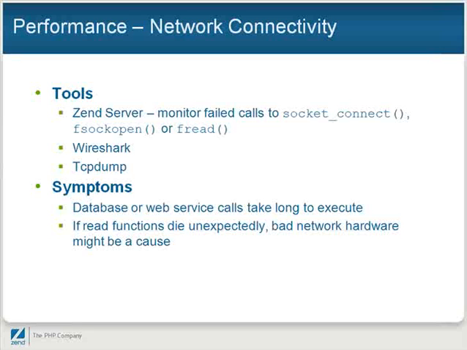So you either do an fopen using the stream handler, could be to a website like an HTTP website, or you could do an SSH using the SSH stream. If you have some kind of a read function that dies unexpectedly, that can be an indication of that type of issue, and you can get that again by watching the monitoring for the socket connect, fsockopen or fread or something like that.